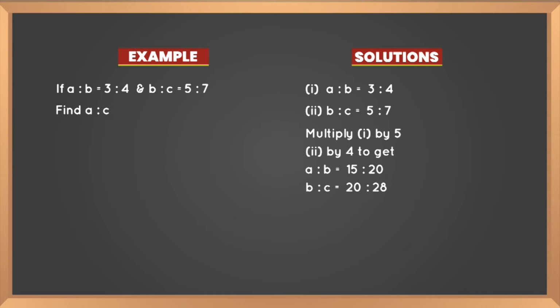Multiply the first equation by 5 and the second one by 4 to get A is to B as 15 is to 20 and B is to C as 20 is to 28. Thus, A is to B is to C equals 15 is to 20 is to 28, and A is to C is 15 is to 28.